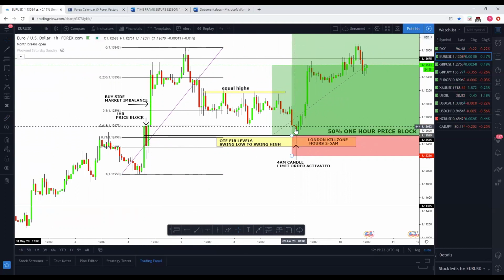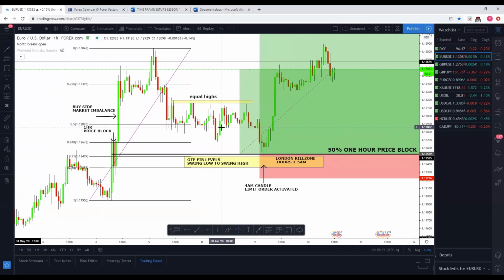So the drawdown wasn't that much on the first order. And then when my second order got put in is when I had my full position into the market, and it didn't take long for me to get right back into profit. It was just about 15 minutes. I was in a little drawdown, and then right after they put me right into profit.